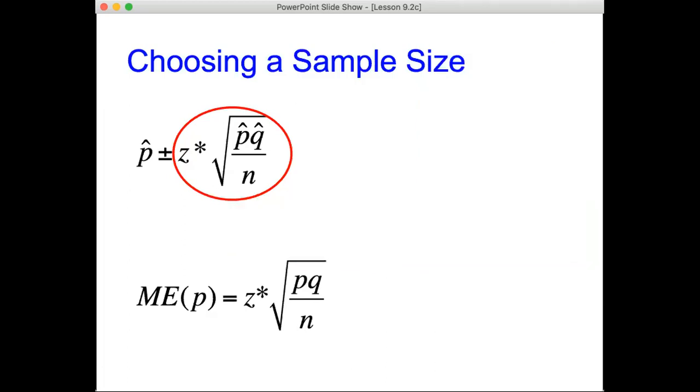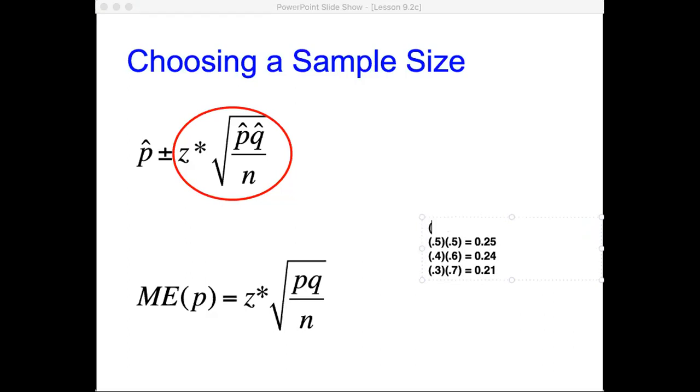The reason why that is the most conservative is think about the product of p and q, right? We want the largest value that can be. Well, if p is 0.5, that means q is 0.5, which gives you a product of 0.25. And if you step away from that, if p, let's say, is 0.4, q then is 0.6, notice it gets lower and lower as p deviates from 0.5.